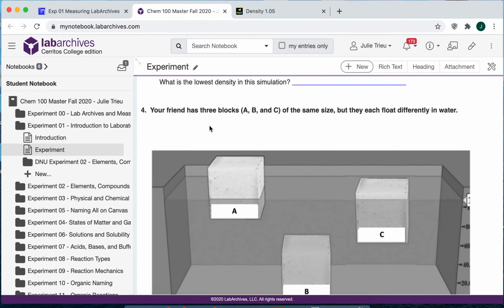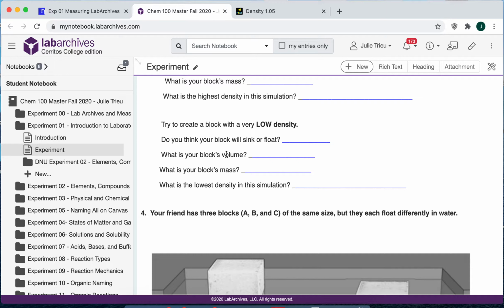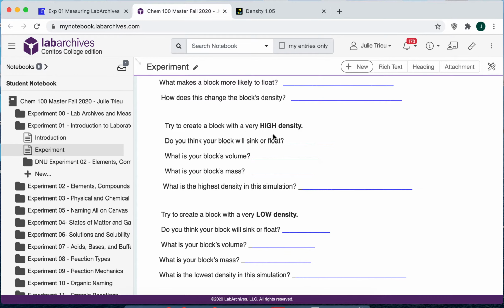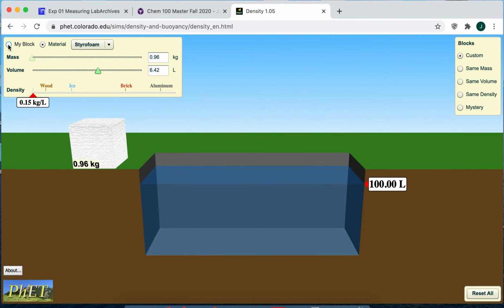Okay, so adjust the simulation to complete this answer: create a block with very low density, and then create a block with high density. Something with low density means it has a very large volume for a very minimal amount of mass, so it gives you a low number for density. Let's try. I can design my block with very low density.